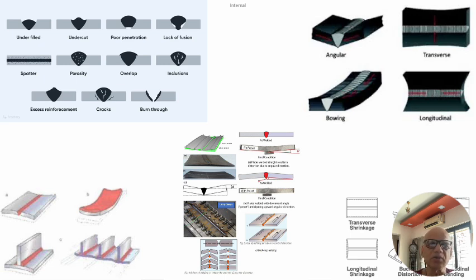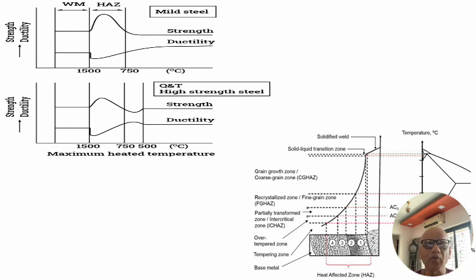Now let's go a little more and understand what happens beyond this weld. What we have seen in the earlier slides are the typical defects that we see internally in the weld, but we have not studied what happens to the heat affected zone, because the welding engineer's responsibility, as we discussed, has an important role to play.